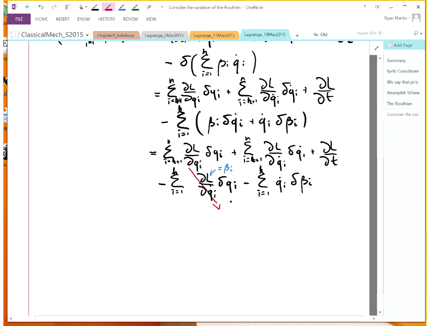So that second to last term is 0, because L does not have qi dots with i less than k in it.